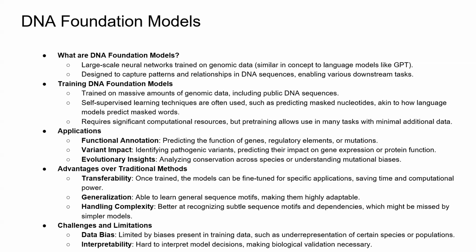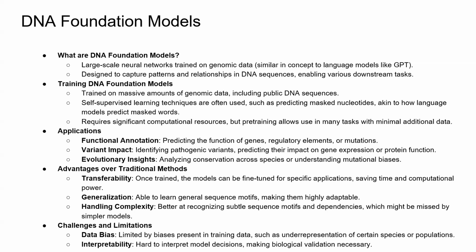In order to do that, these models have to learn a lot of the principles required to compose a DNA sequence. And they need to be trained on massive amounts of genomic data. But the good news is, we have massive amounts of genomic data.